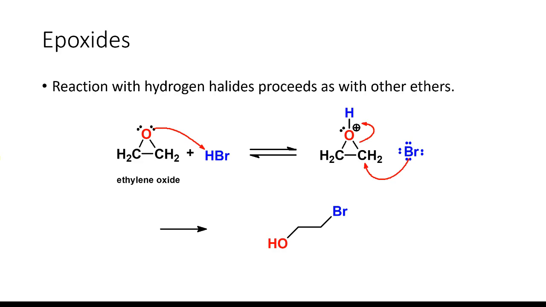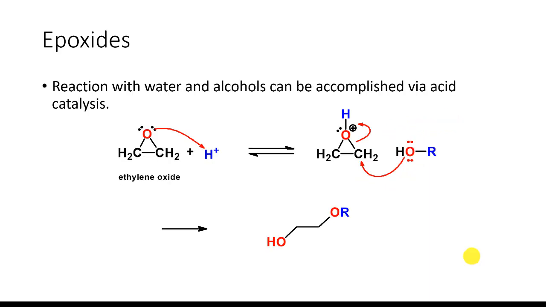Epoxides react like other ethers. That is, the first step involves the protonation of the oxygen with the hydrogen from something like HBr, HI, or HCl. And then the second step is the halogen comes in as a nucleophilic attack. So this is an SN2 style reaction. Now, it can also happen if you have, for example, a solvolysis reaction with an alcohol present in the solution.